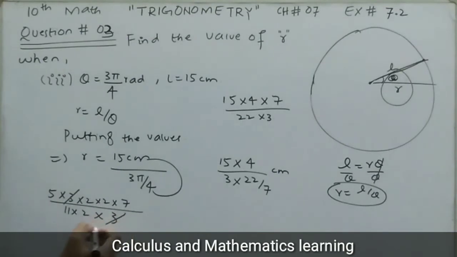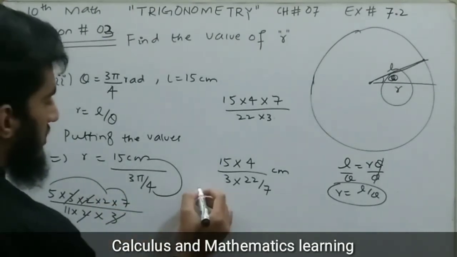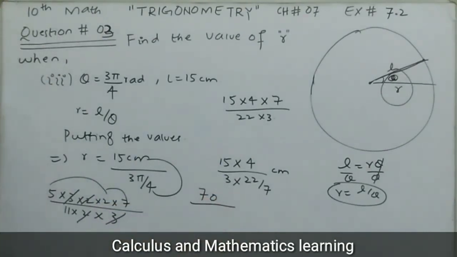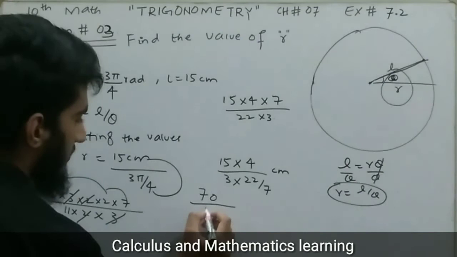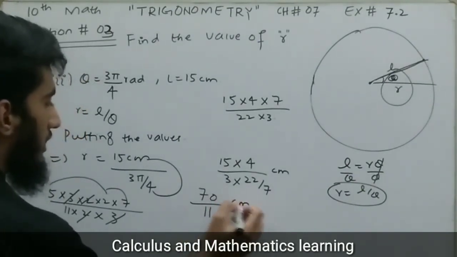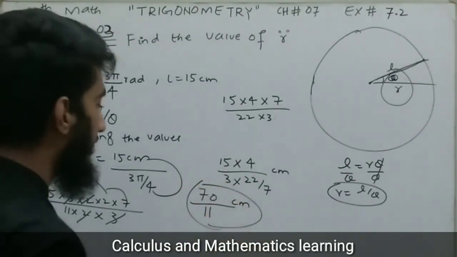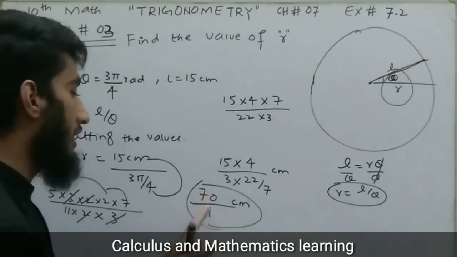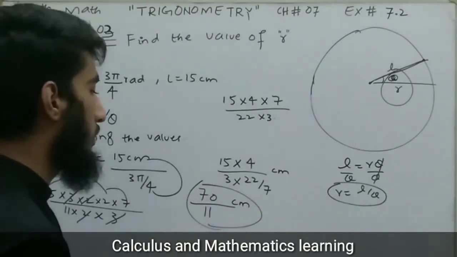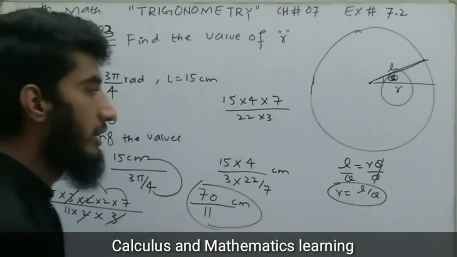This 3 cancels out with 3 and 2 cancels out with 2. In the numerator we are left with 5 multiplied by 2, which gives us 10. 10 multiplied by 7 gives us 70, and divided by we are just left with 11. So this is the required radius of the given circle. You can calculate the exact value by dividing 70 by 11. It will give the exact value in decimal using a calculator.